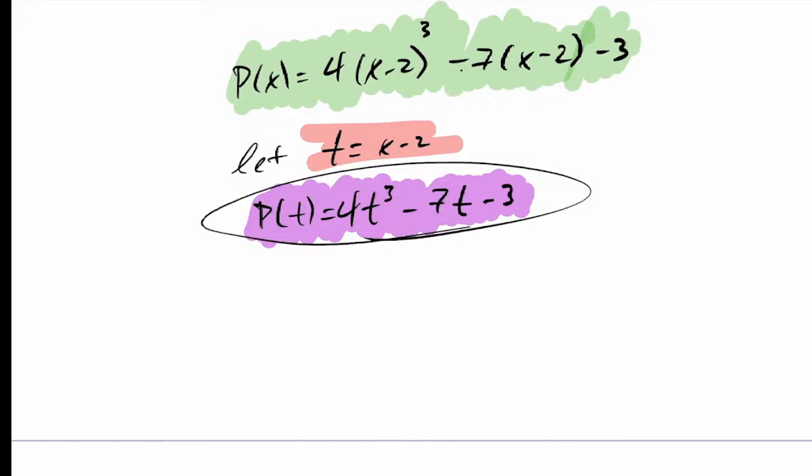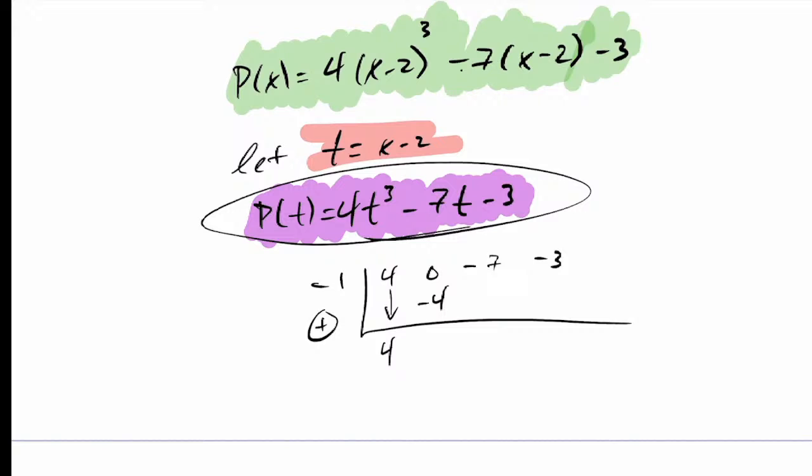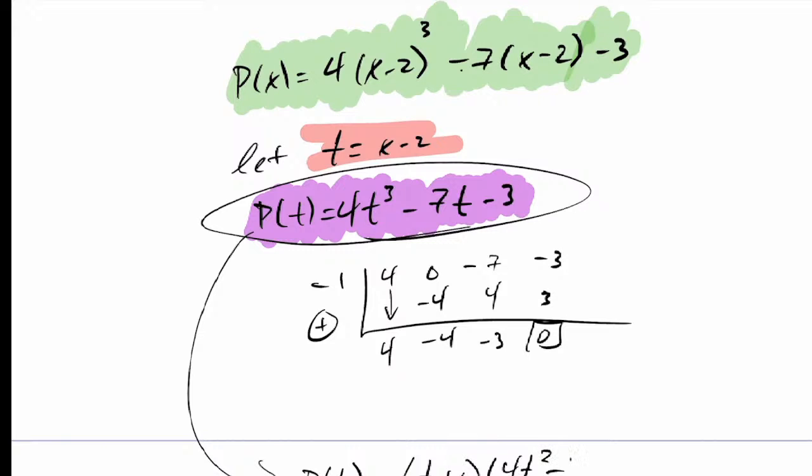In fact, if I let t be -1, you'll notice here you get 4, 0. Don't forget when you're doing synthetic division, if there's not a t squared in that spot, you have to put a 0 in that location. That'll really mess up your stuff for your exam tomorrow. And if you go through synthetic division here, bingo, we get 0. So that becomes a root. So my polynomial p at t is going to factor into t plus 1 times 4t squared minus 4t minus 3.